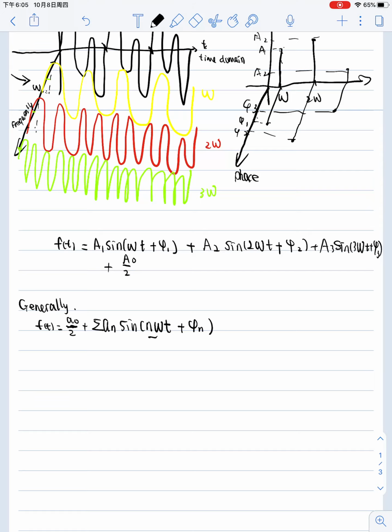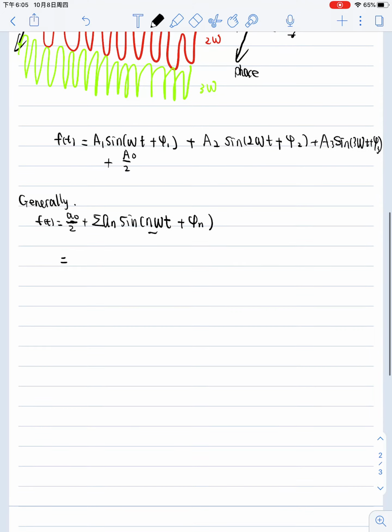This could also be expressed another way: this is the constant, and because any sine function could be expressed by the summation of a sine function and a cosine function, it could be an sine n omega t and bn cosine n omega t.